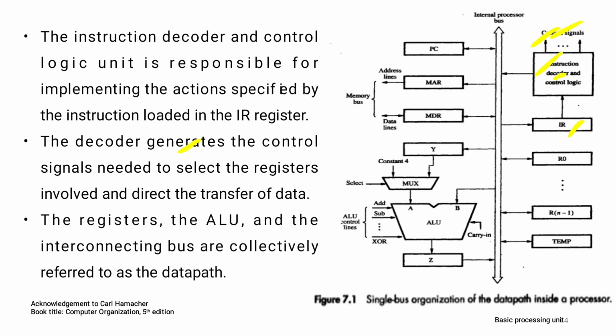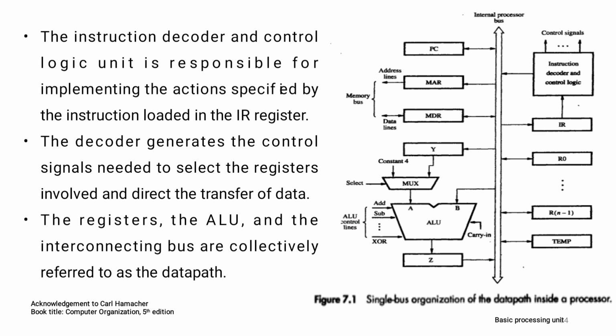The registers, the ALU and the interconnecting bus are collectively referred to as the data path. So with all the parts and their interconnection, that is the data path.